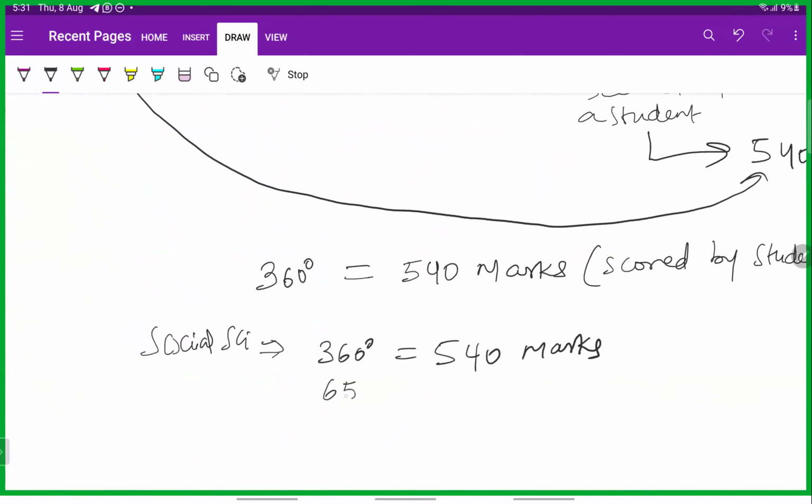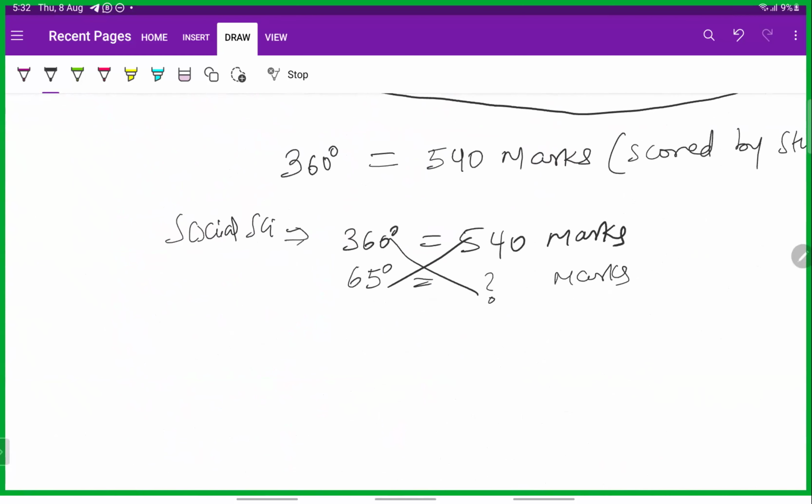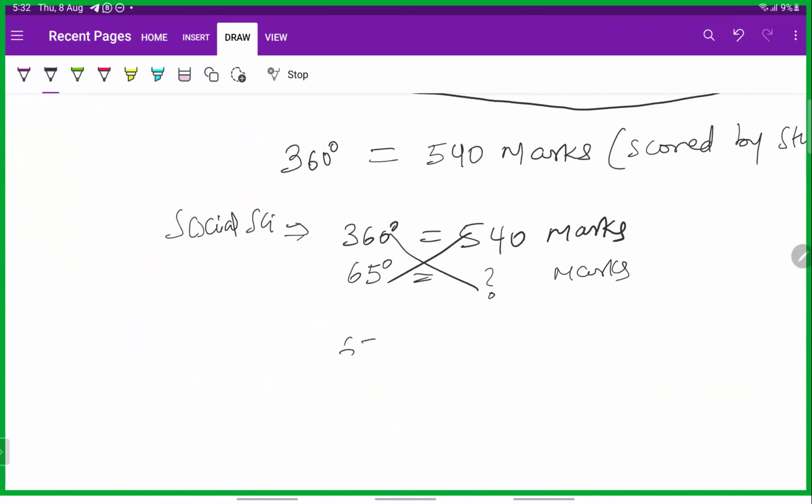For 65 degrees, what is the marks? Go for cross multiplication. So 65 degrees into 540 by 360. So that will be equal to, calculate this and tell me the social science marks.